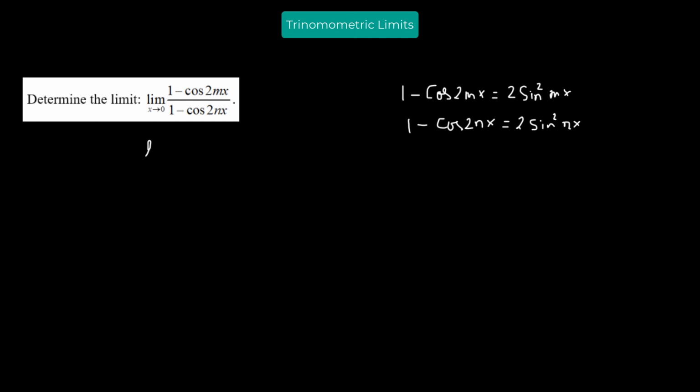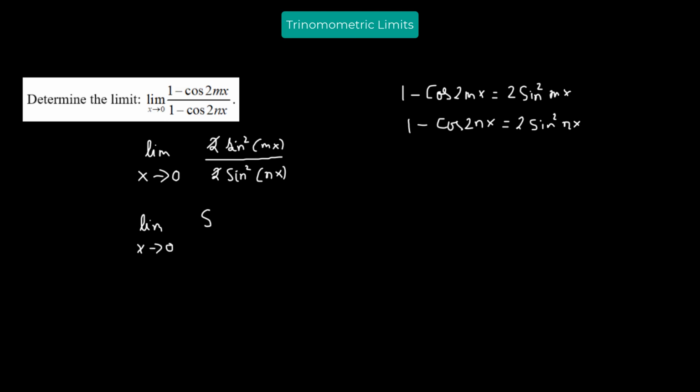So let us substitute these values into our given function. So we have limit x tending to 0 of 2 sine squared mx divided by 2 sine squared nx. So the 2 and 2 get cancelled out.